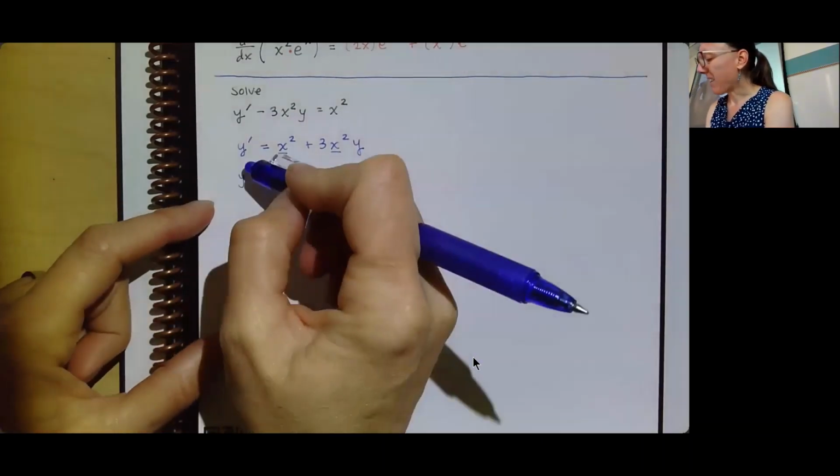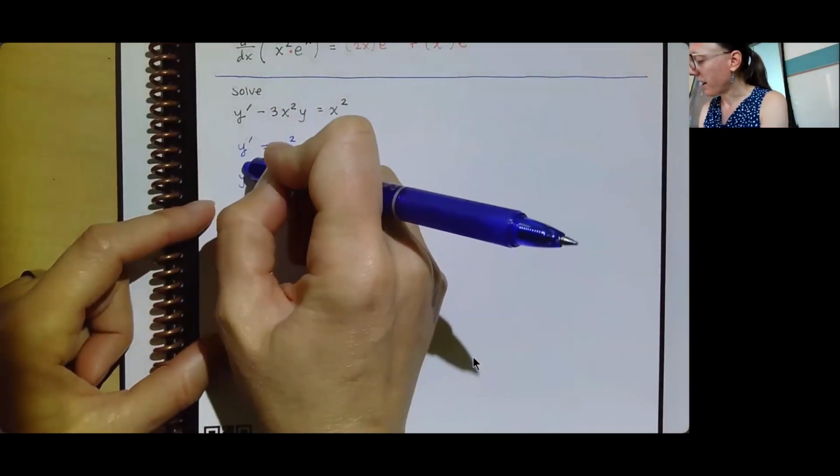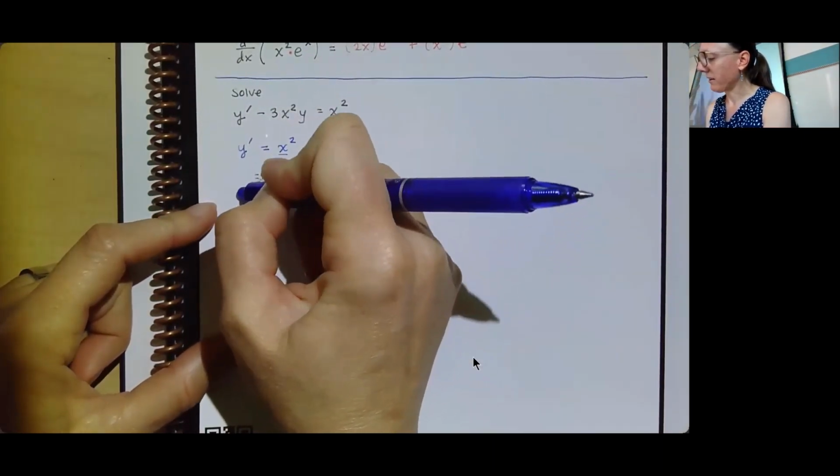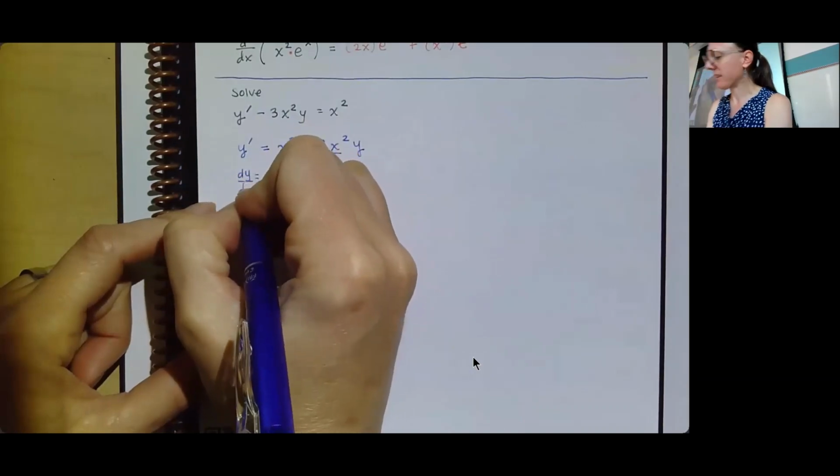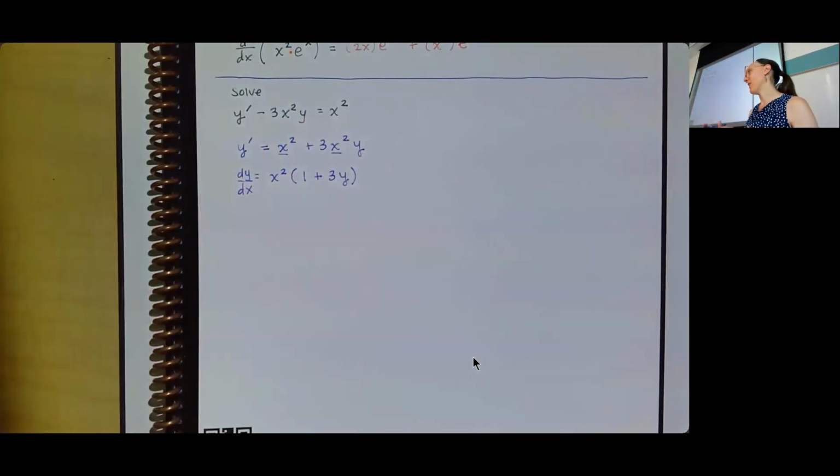If I take that y prime piece and rewrite it as dy/dx, this is what lets me shift my x's around to one side and my y's around to the other side. One of the things about these separable differential equations is we never get to choose which side each letter goes on.